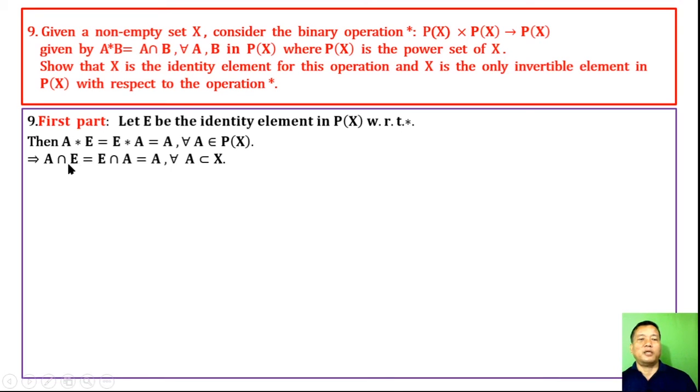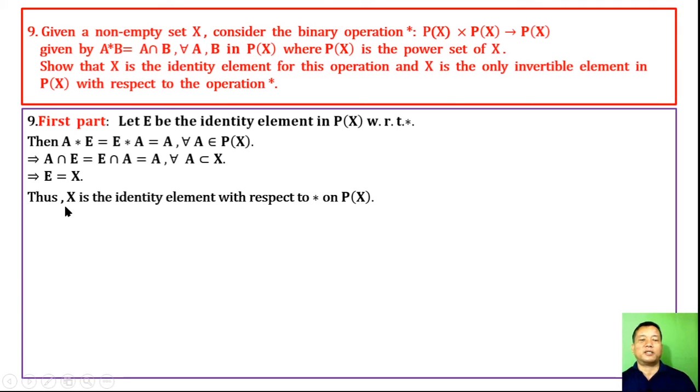The intersection of A and E is A. This holds for every subset A of X, so E must be X, since X is a superset of any subset of X. Thus X is the identity element with respect to asterisk on P(X).